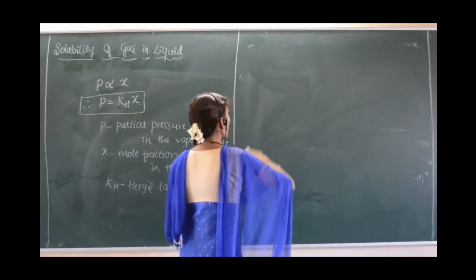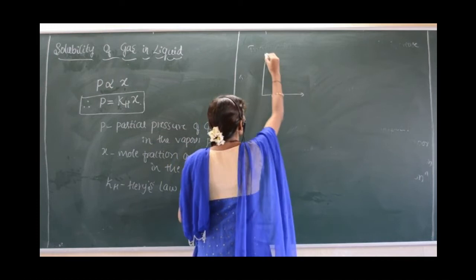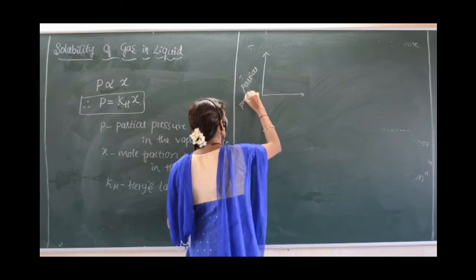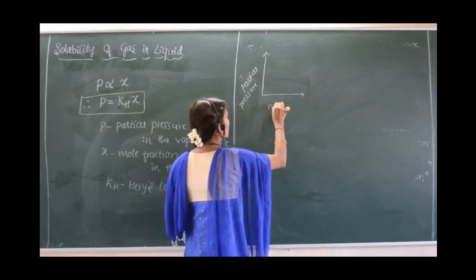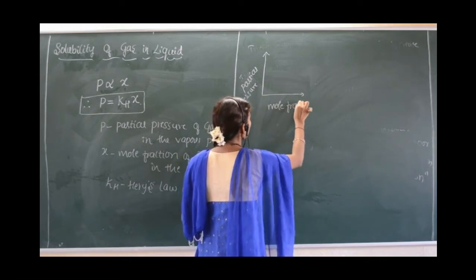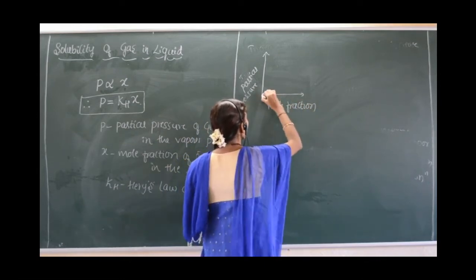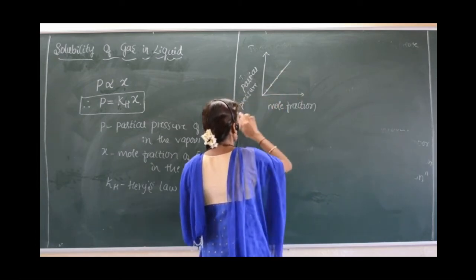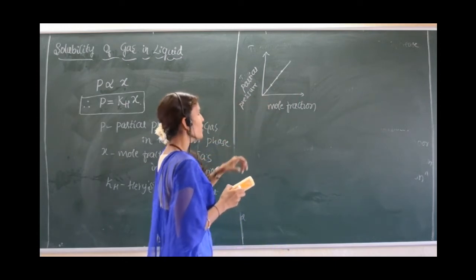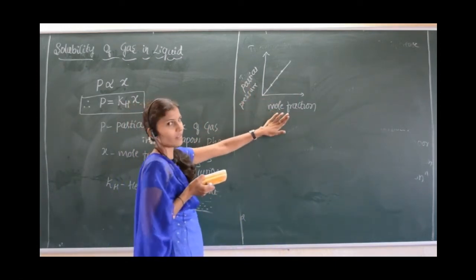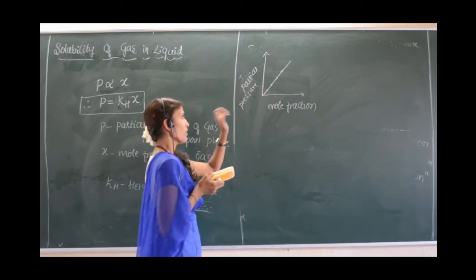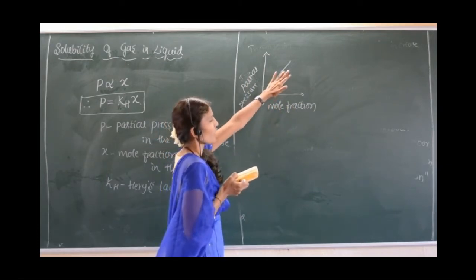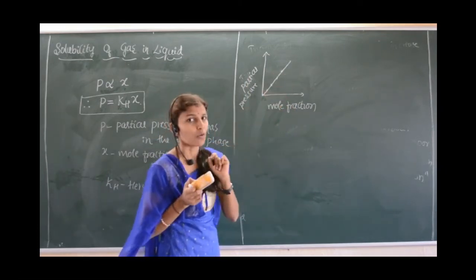Suppose if I draw, this is the partial pressure and this is the mole fraction, you are going to get a straight line which is passing through the origin. As the partial pressure and mole fraction are directly proportional, if one increases the other will increase, if one decreases the other will also decrease. So when we draw the partial pressure versus mole fraction graph, you are going to get a straight line passing through the origin.